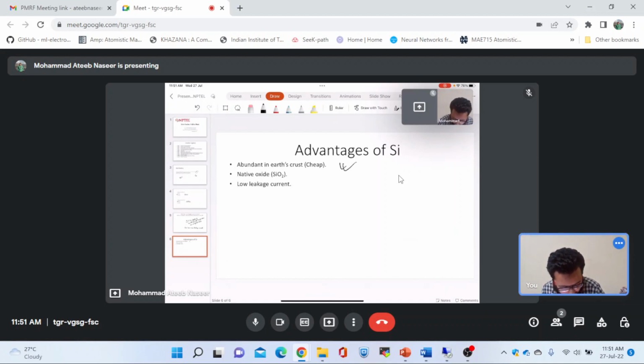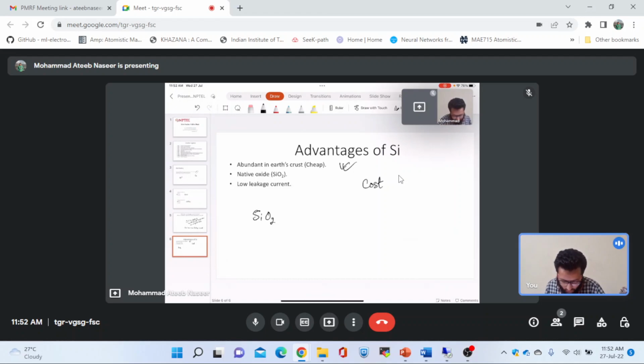Also, silicon has a unique capability: nature has provided silicon with a native oxide, which is easily grown on silicon by processes like thermal oxidation, and this SiO2 provides excellent electrical and mechanical properties.